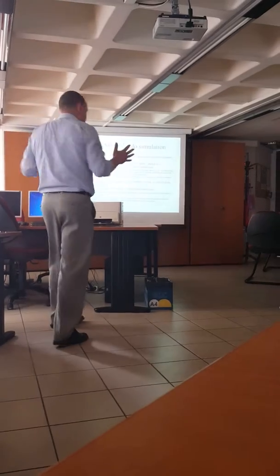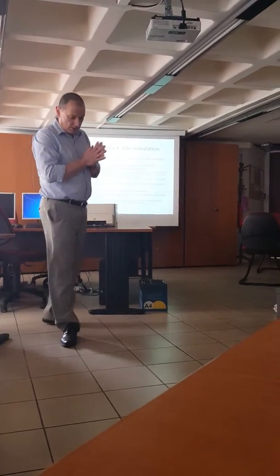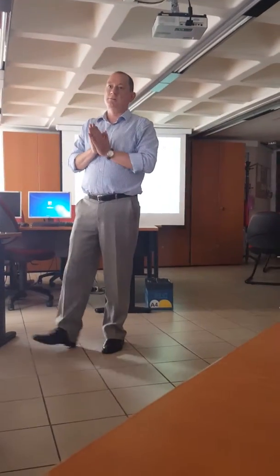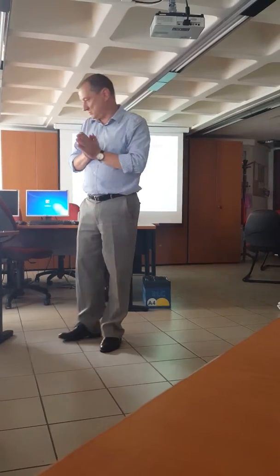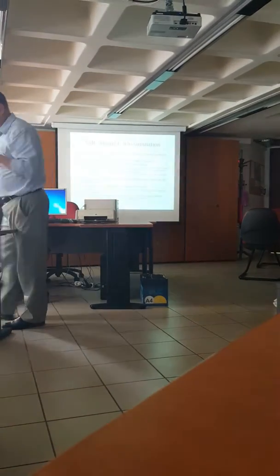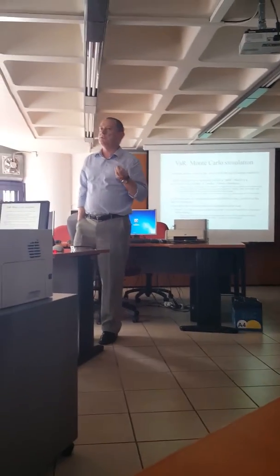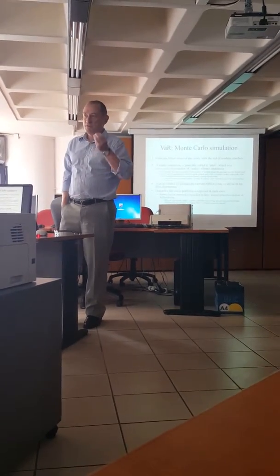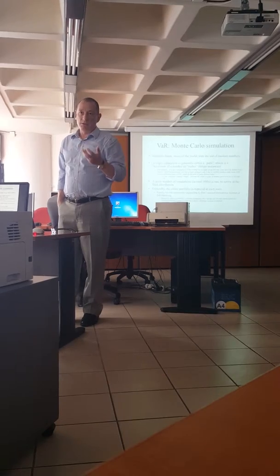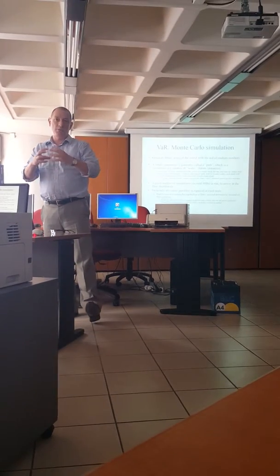Where does the name Monte Carlo come from at the beginning? The name Monte Carlo comes from the Manhattan Project. In the 40s, when they tried to build a nuclear bomb, essentially they invented scientific computing back then for this purpose. And they wanted to simulate the way the bomb would explode.